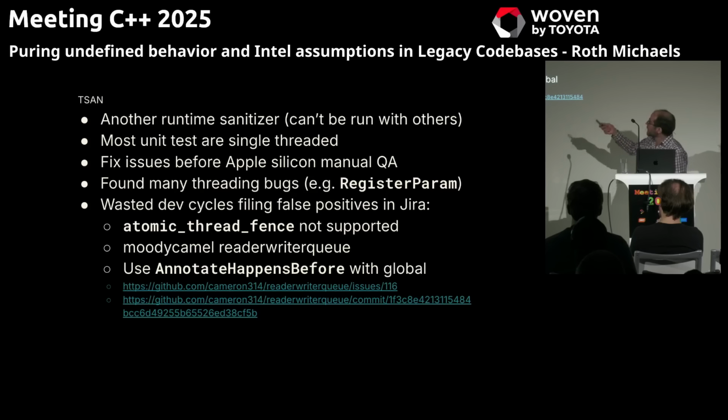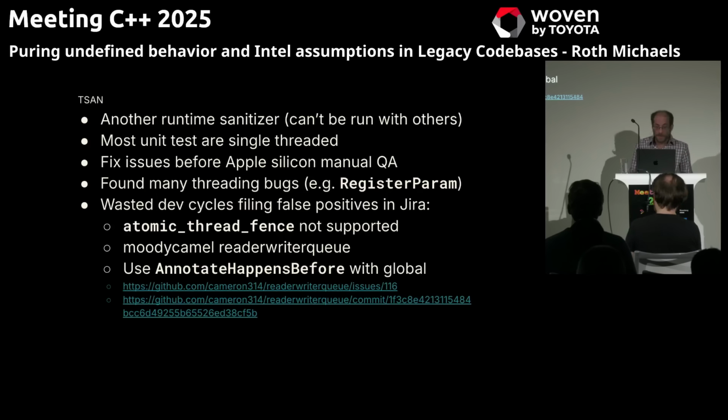Like I said, we're running this manually because most of our unit tests were not single-threaded. And we found many threading bugs, like that register param one I mentioned earlier. But we also did waste some dev cycles for developers who were less familiar with threading and C++, finding false positives when running this tool.